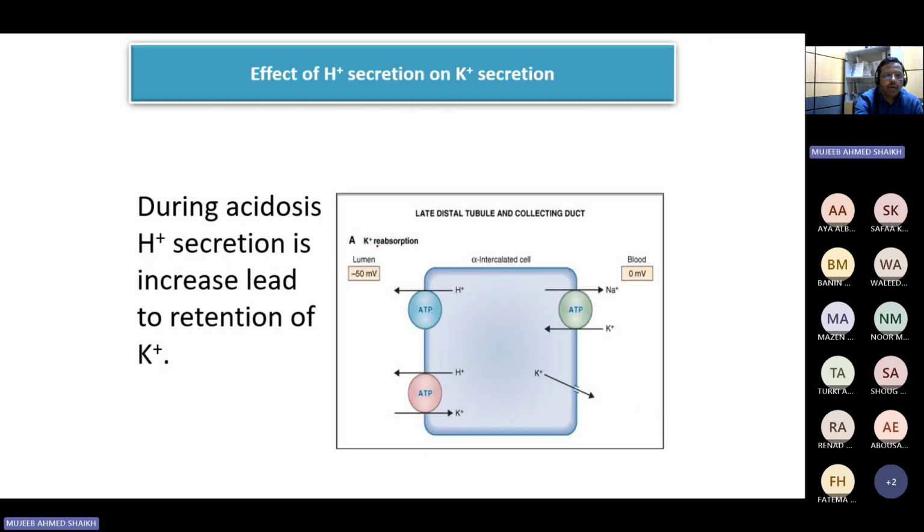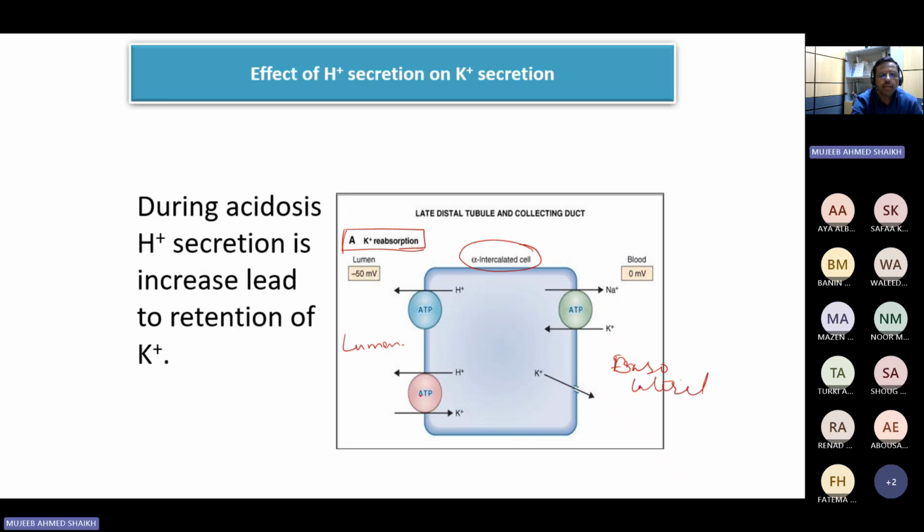Here is the example of how potassium is reabsorbed. If it is reabsorbed, which cell will it be? It will be the alpha intercalated cell. Alpha intercalated cells are responsible for reabsorption of potassium. You will observe that this is the luminal side, the lumen side, and this is the interstitial side or basolateral membrane.